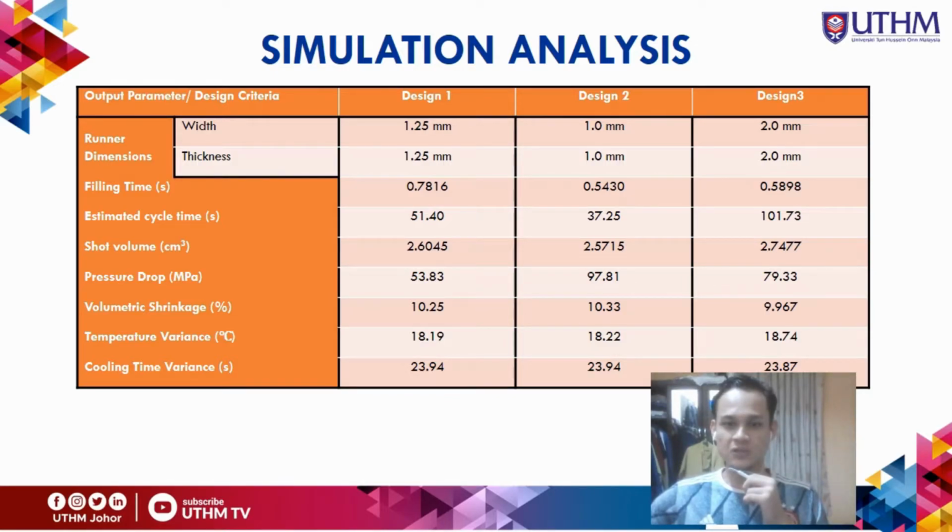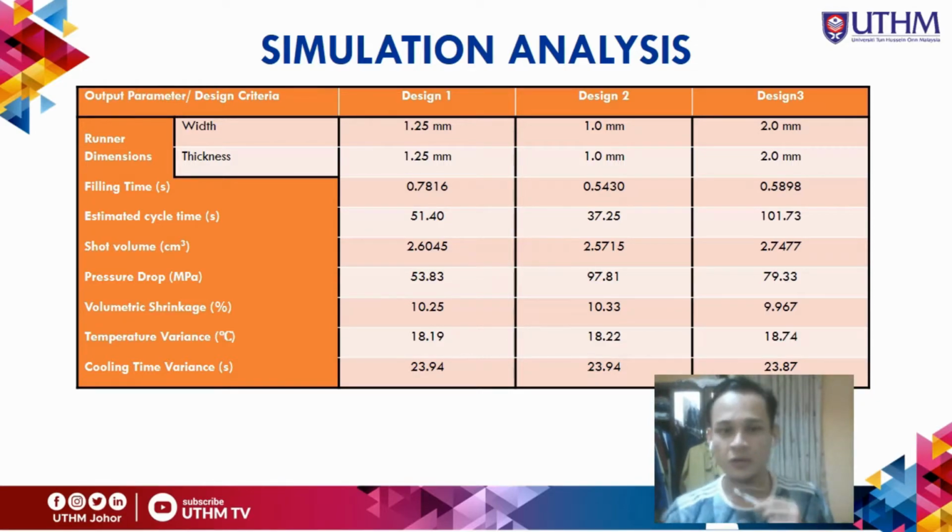followed by design 1, 51.40 seconds. This data shows that the smallest runner size is estimated to save the most time in the injection mold process. Obviously, for the short shot volume output parameter, design 3 is the winner with 2.7477 cm cubic, as it has the biggest runner size, while design 2 has the least with 2.5715 cm cubic, followed by design 1 with 2.6045 cm cubic.